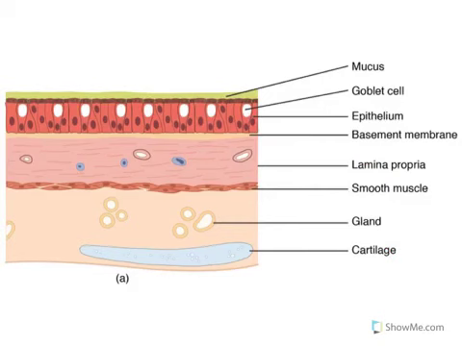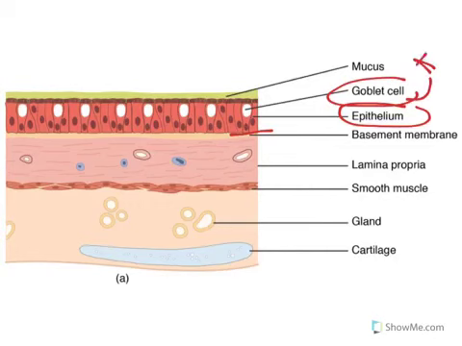The whole respiratory system is covered with pseudostratified epithelial tissue, and in between there are goblet cells. Those cells produce mucus, and we also have the basement membrane layer, and then the lamina propria.